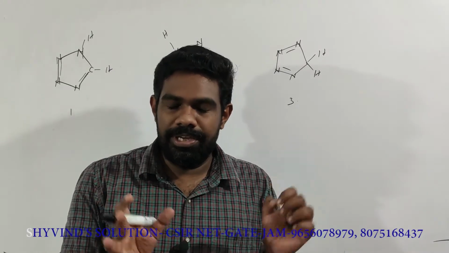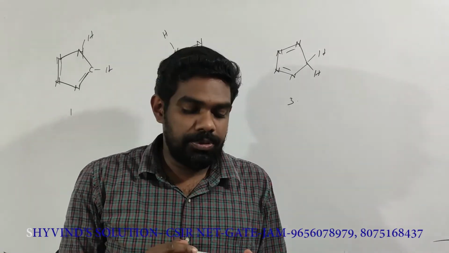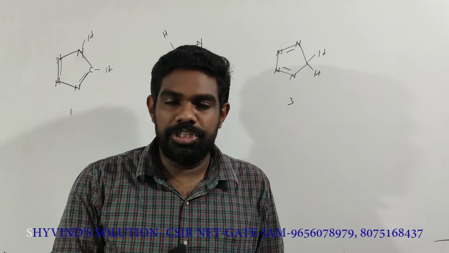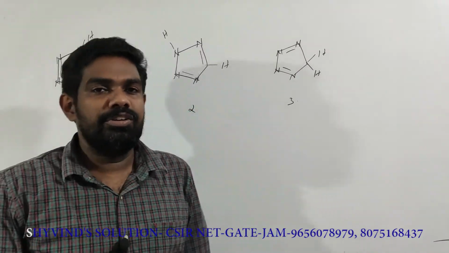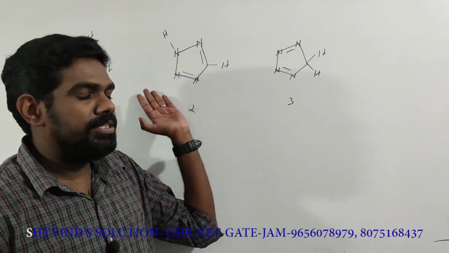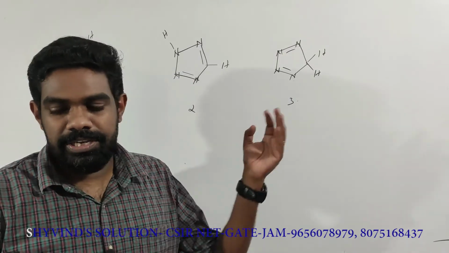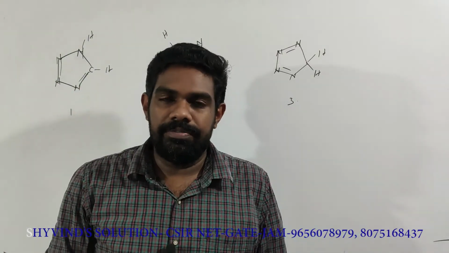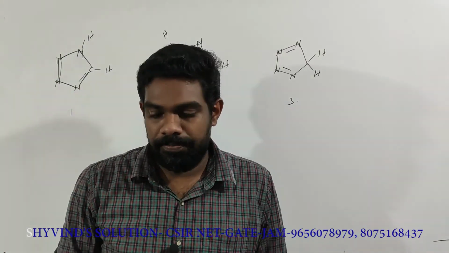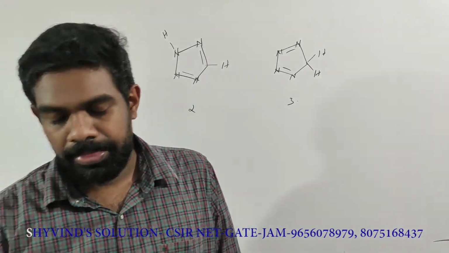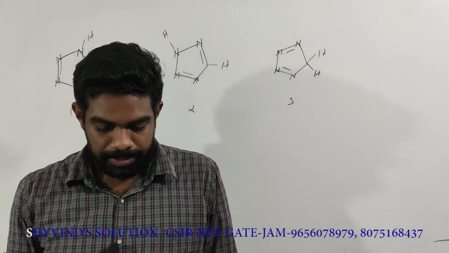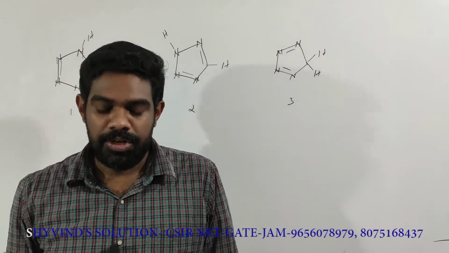If we are drawing resonance structures, the position of atoms should not change. Only the electrons should change. So these are not resonance structures. You can see it from here itself. So the answer is option 4. They are only isomers.